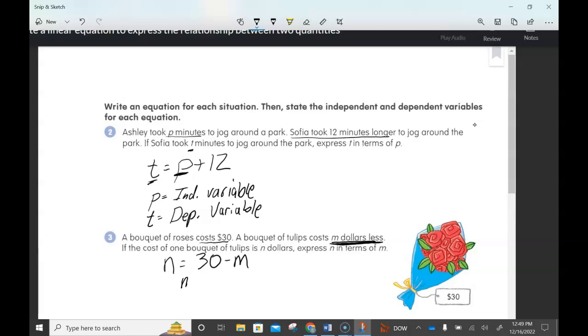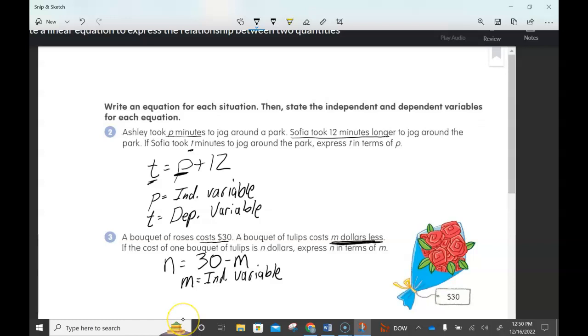So let's write that down. m equals independent variable. Why is that the independent variable? Because m is not going to change based upon what n is. We have to plug in the number for m first, and then that will tell us n.